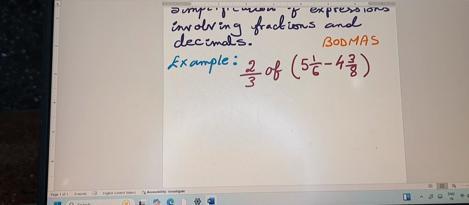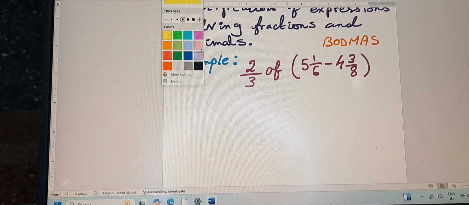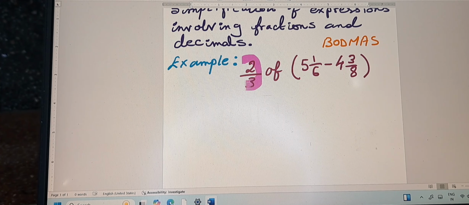So students, we need to identify the fraction so that this way we can revise the different fractions. So 2 by 3 is a proper fraction.